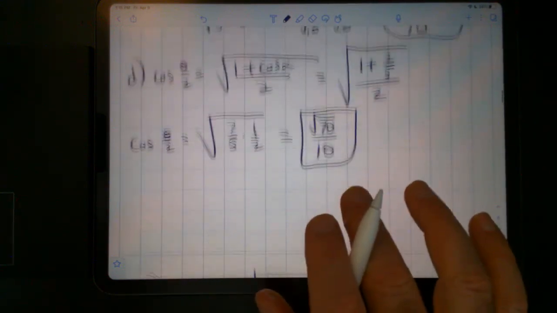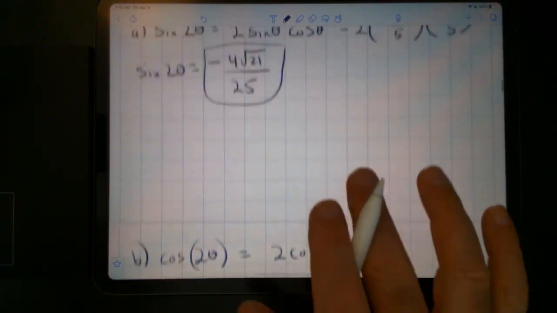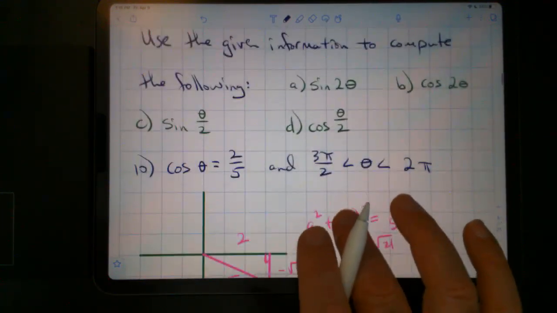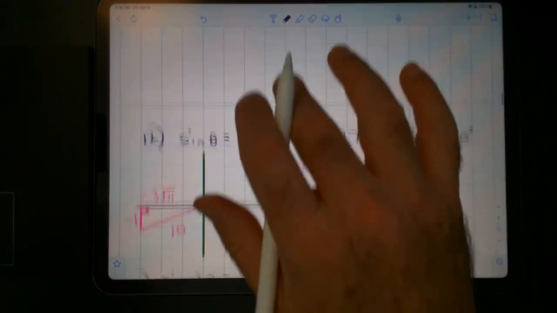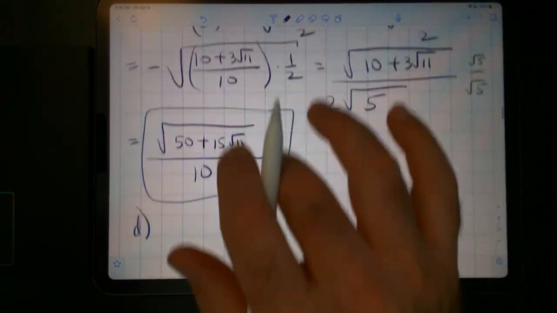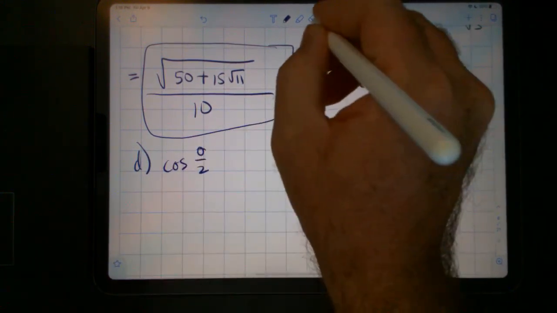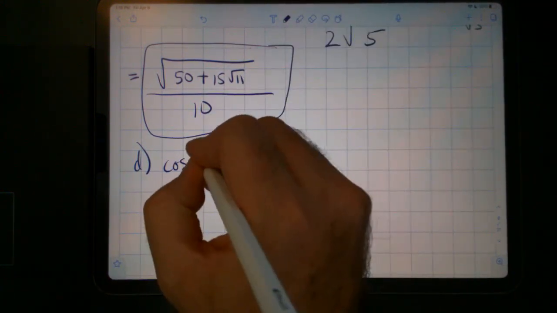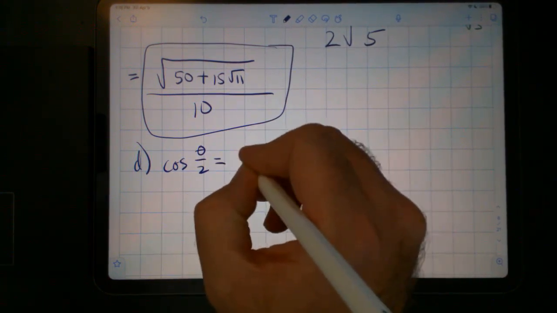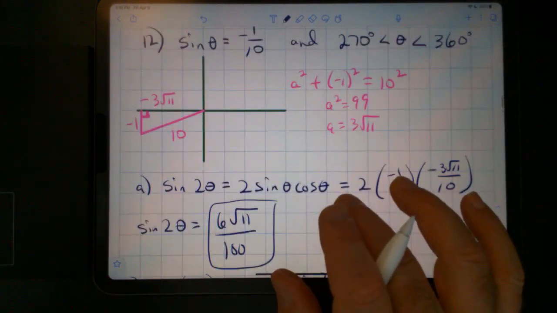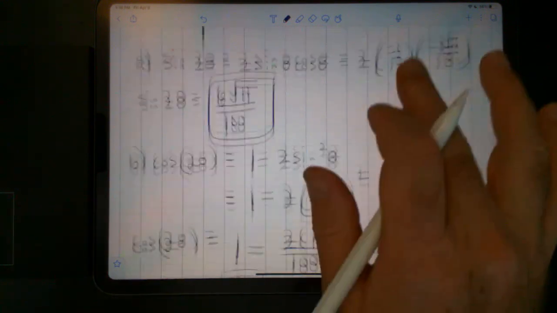And then for D, cosine theta over 2. Cosine is negative in quadrant 3.